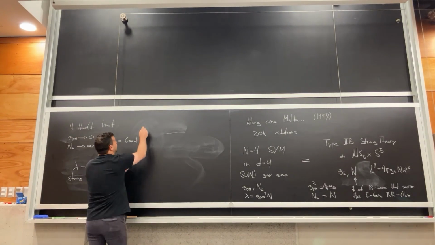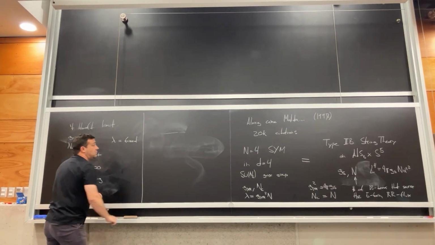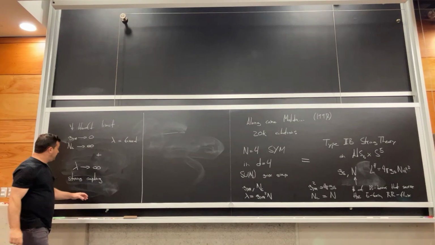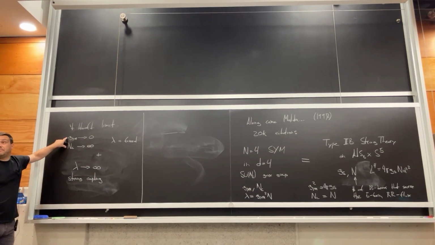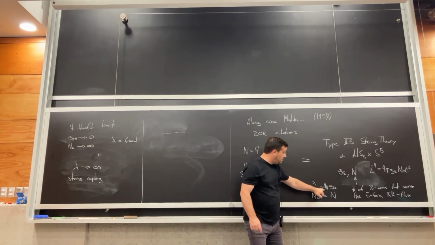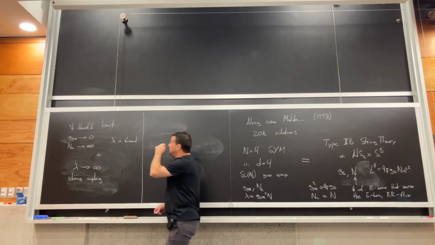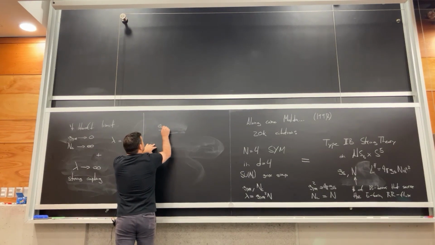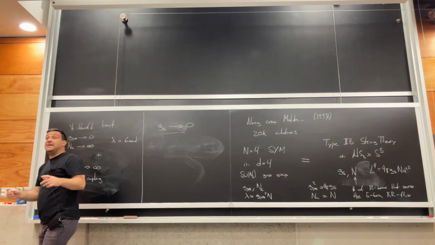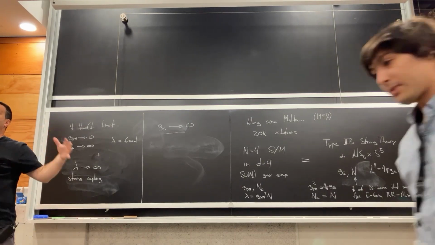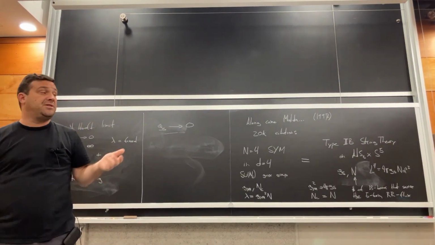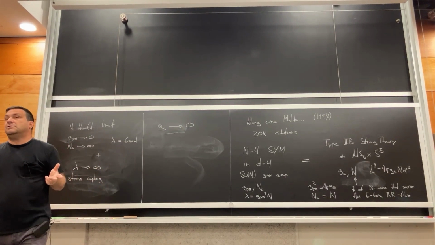Now, what happens on the other side? What happens on the string theory side when we take this limit? Well, g Yang-Mills going to 0 means g string going to 0. That's nice. That means that all the string diagrams we would take into account to compute our amplitudes in string theory are just tree-level.